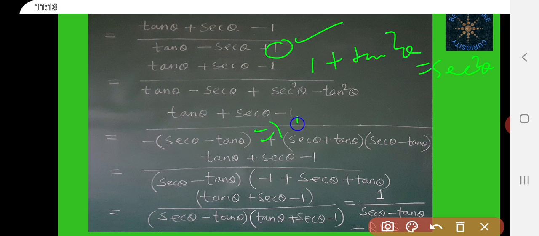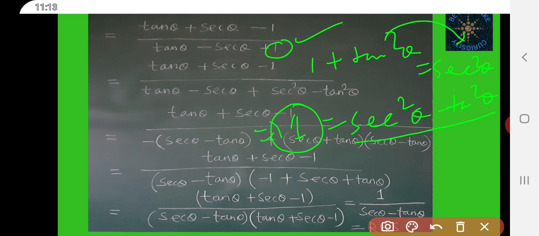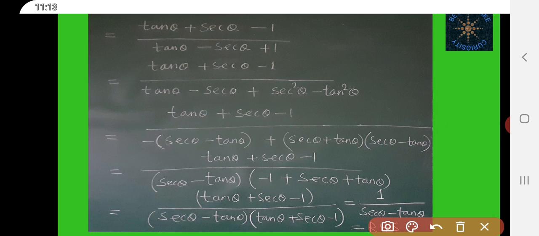Then, taking tan square theta to the right side, 1 equals sec square theta minus tan square theta. So here, the 1 in the numerator, you can write as sec square theta minus tan square theta.